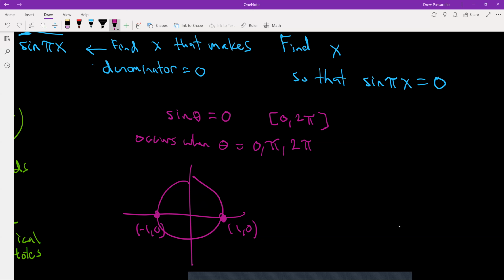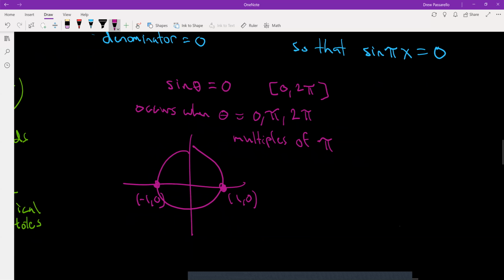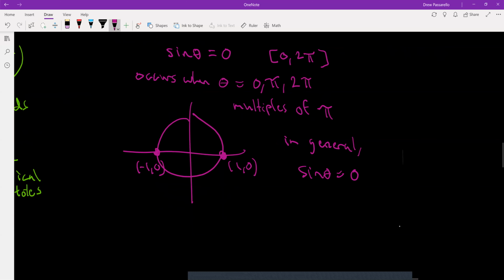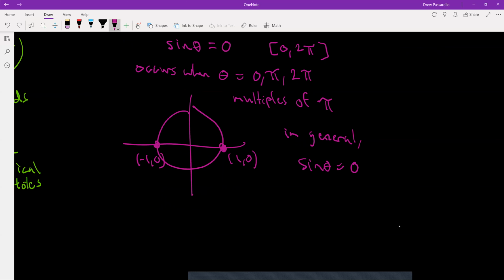Now notice these are multiples of pi. So in general, if I didn't restrict myself to a certain domain, sine of theta will equal 0 when theta equals n times pi, where n is an integer.